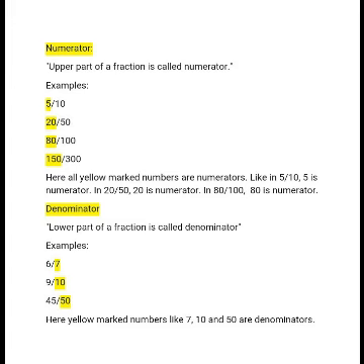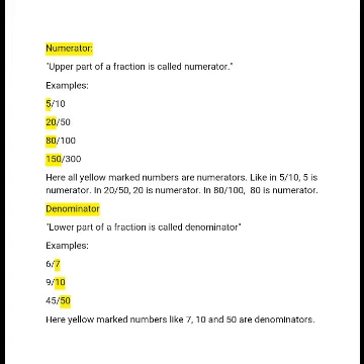In 1 by 3, 1 is a numerator. In 2 by 4, 2 is a numerator, meaning the first number. So from here we understood that numerator is very simple. The upper part of all fractions is known as the numerator.